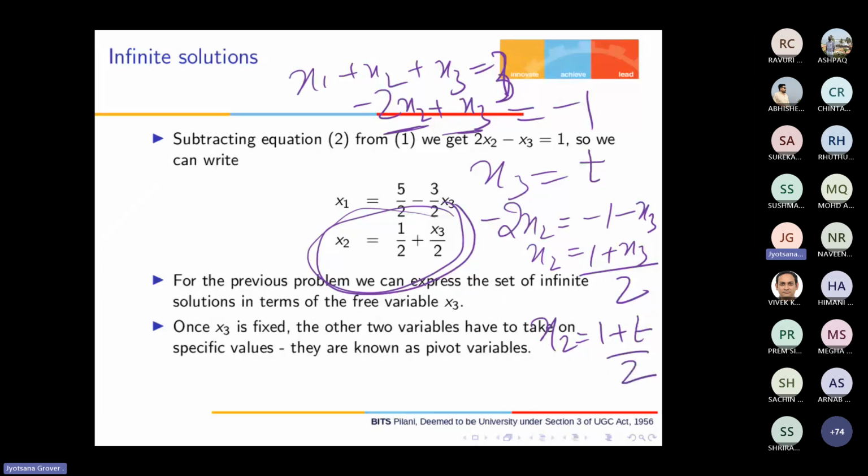Now substitute the x2 value as 1 plus t by 2 in the first equation, and x3 as t. So what will you get? You can also do it with me.